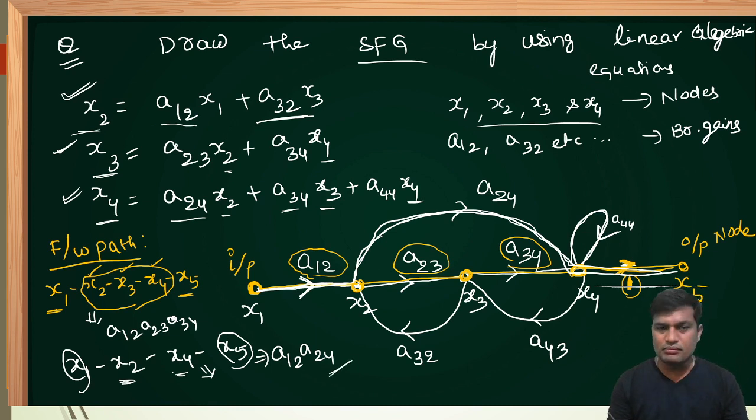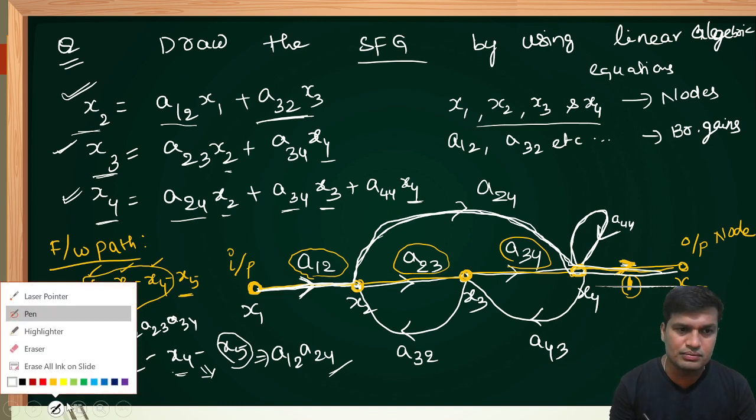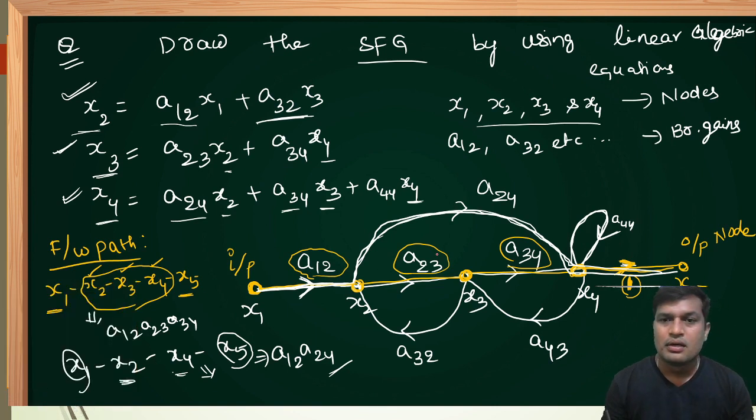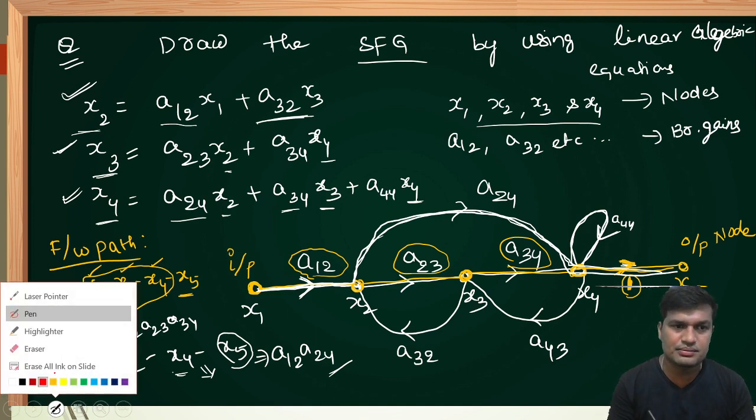Okay. Now, dear friends, what I have explained right now: input node is x1, output node is x5. Then we have discussed all these things.